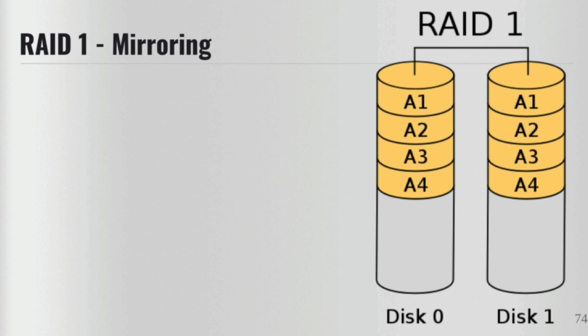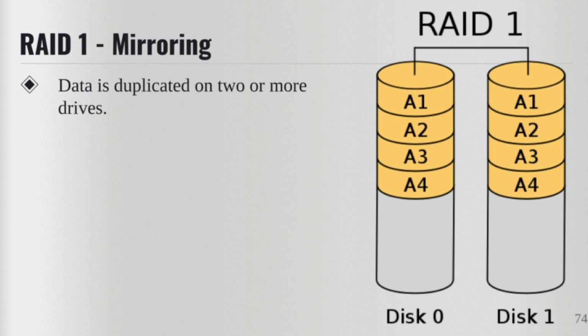Next one up is mirroring. In this configuration, data is duplicated on two or more drives. So it has at least two drives that duplicate the data storage. As you can see, we have A1, A2, A3, A4 on disk 0, and the same exact copy is being added to disk 1 as well, right?